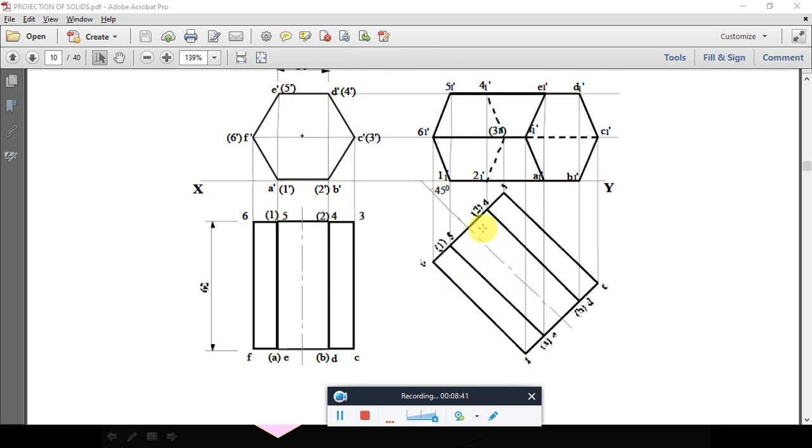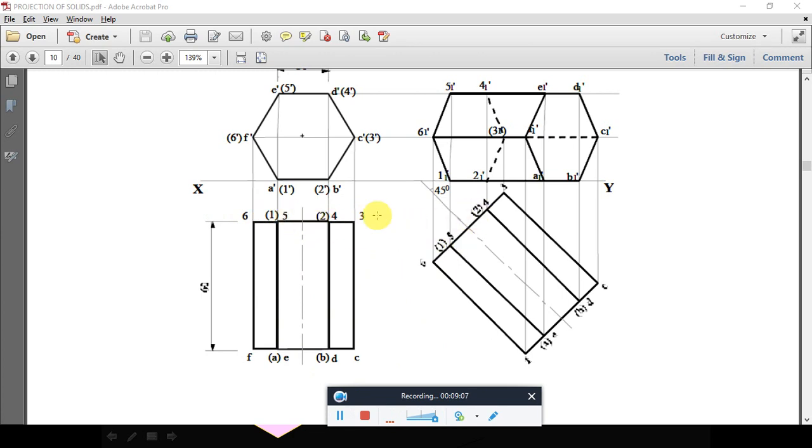Okay, we are just duplicating this top view that is inclined at 45 degrees. After duplicating this top view, give the naming: 6 becomes 6 suffix 1, 1 becomes 1 suffix 1, 5 suffix 1, 2 suffix 1, 4 suffix 1.